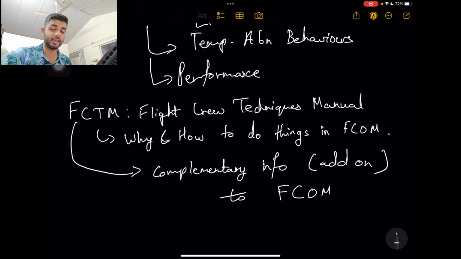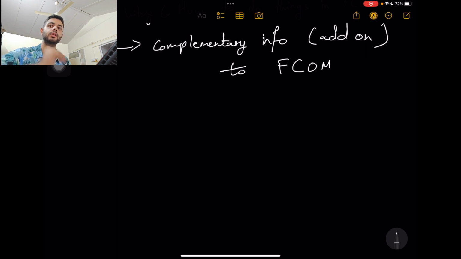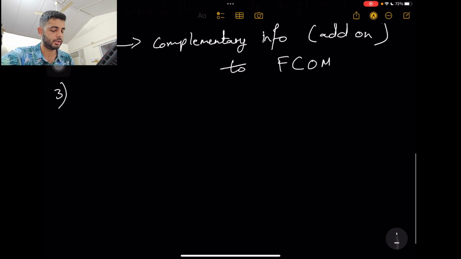If you notice, the FCTM will have only a few systems, and they'll be related to how to run the system, what is wrong with the system and all. It'll be very small compared to what the FCOM has. Open the FCTM's systems and see, you'll see it's a very small amount of information. Then we have a QRH. It's a Quick Reference Handbook.